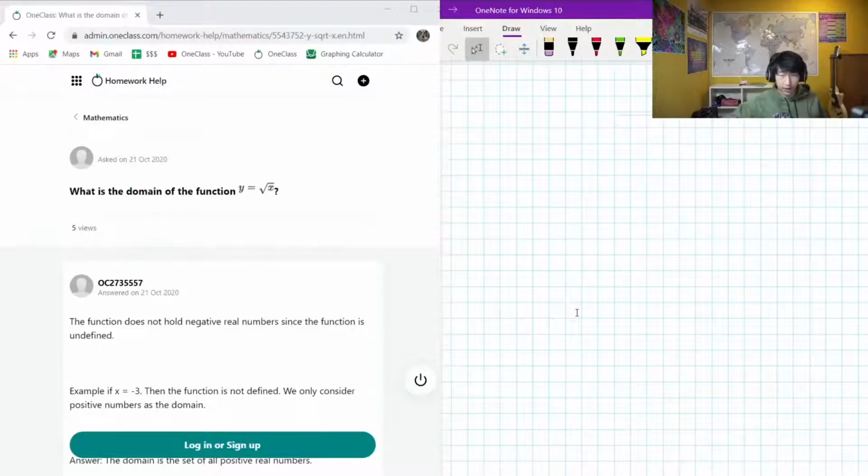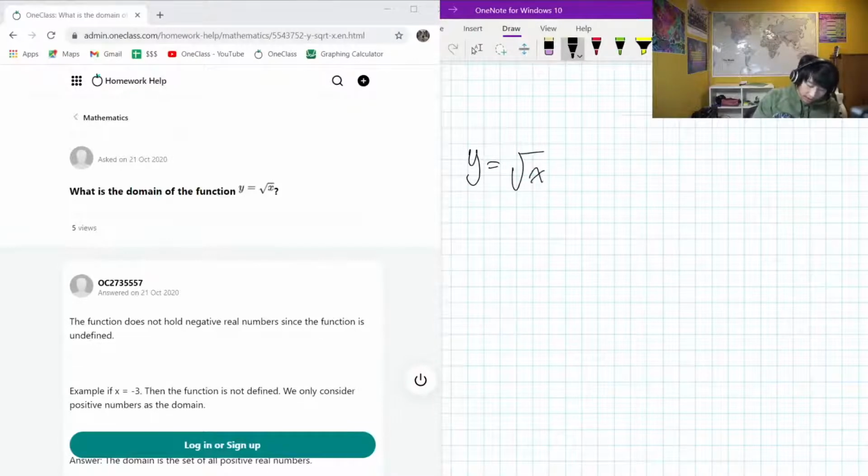Okay, so the next function that we have on the menu today is asking us what is the domain of the function y equals the square root of x. Domain? What is the domain?